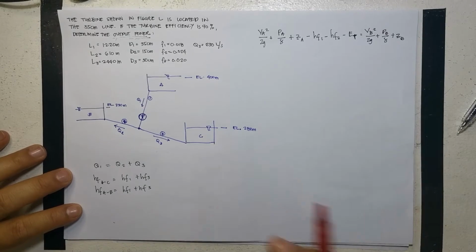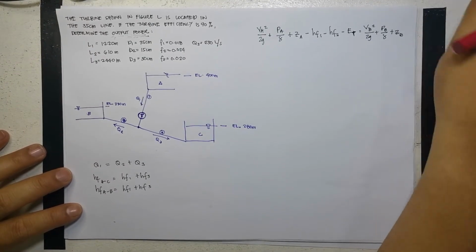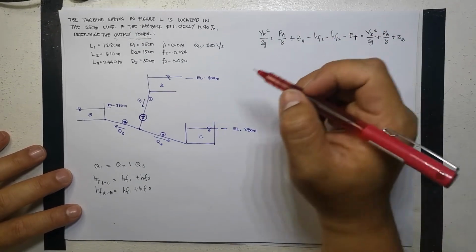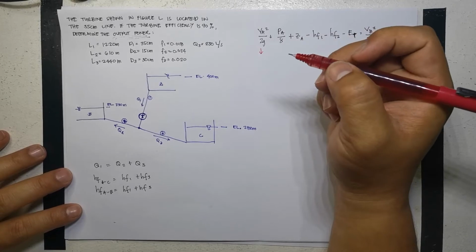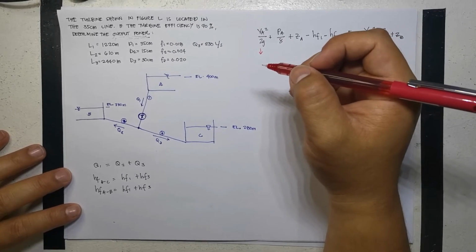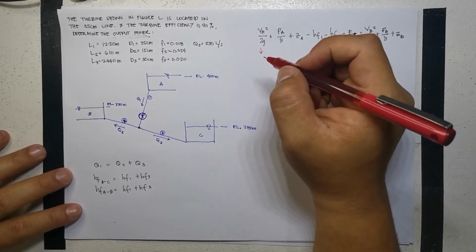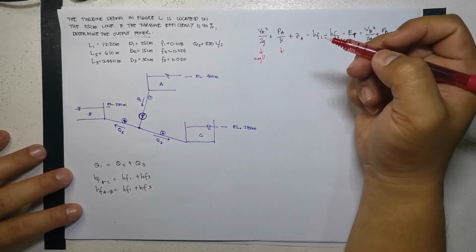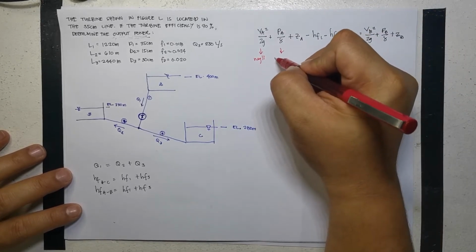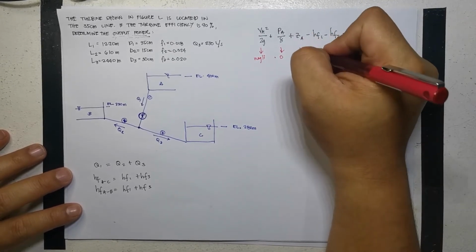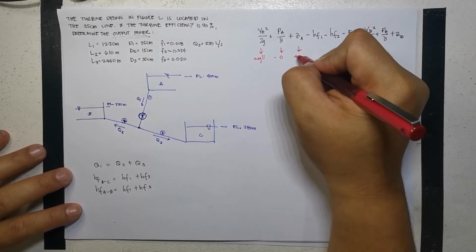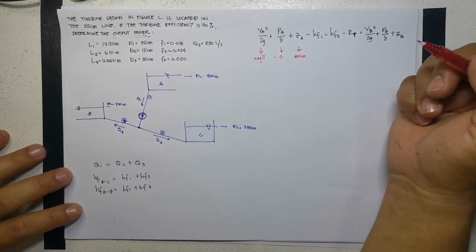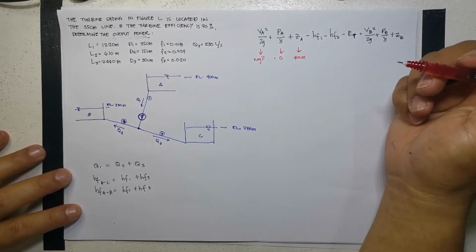So ngayon, katulad ng usual na process natin, identify natin kung alin yung mga negligible, yung mga zeros, yung mga pwedeng eliminate. Okay, so for VA squared, alam na natin that this is negligible for the same reason. PA is also negligible, 0, kasi exposed. Then ZA, alam natin na ito ay 400 meters. Ang assumption natin is that ang datum is nasa elevation 0.